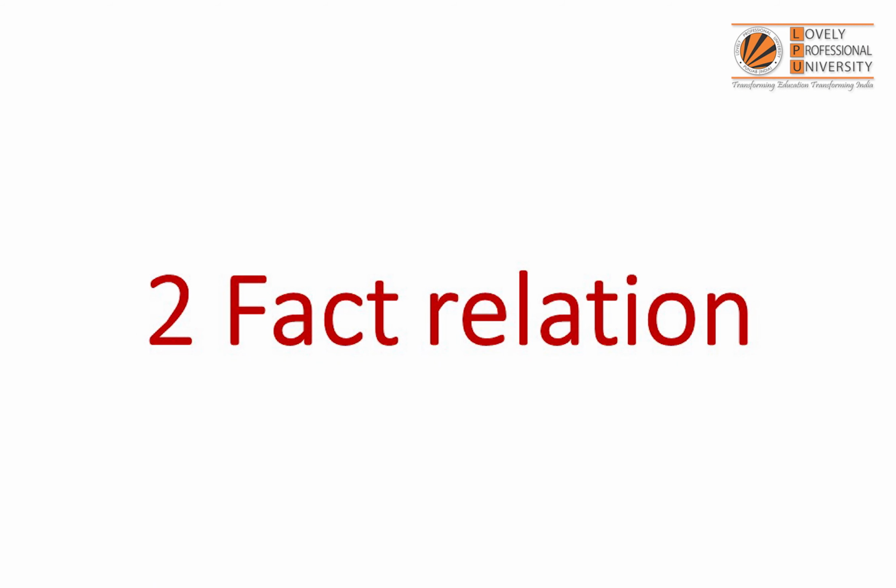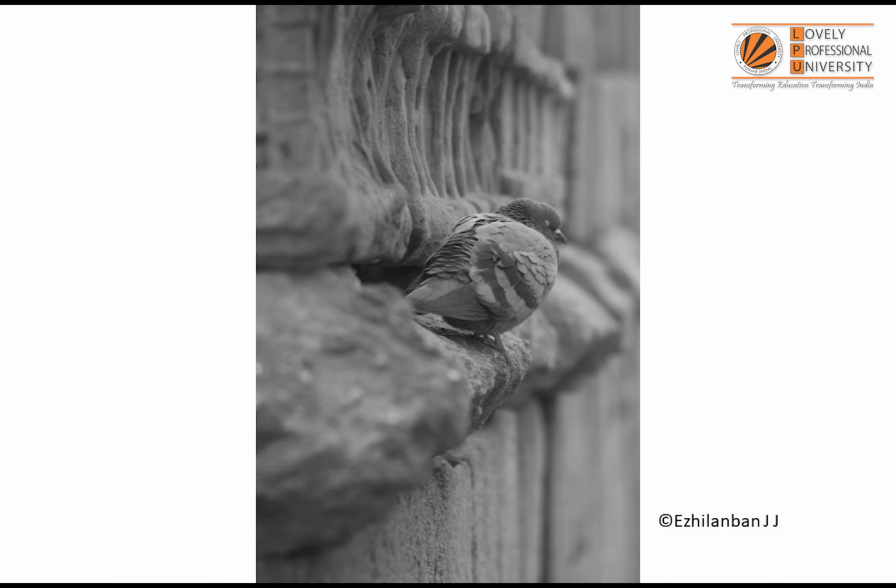Next there will be two-fact relation. Two-fact relation means a picture which depicts the relationship between two things. Let's say this picture was clicked by Ariel, and in this picture we can see the frame behind, and after that this pigeon.